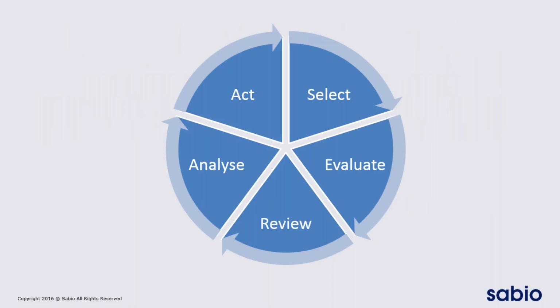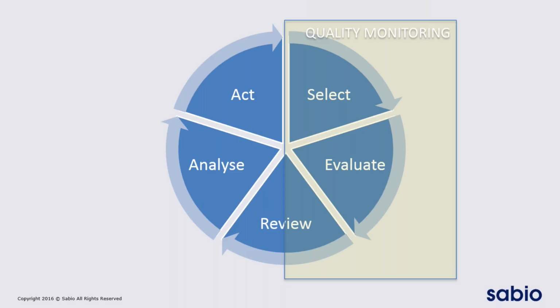Most organizations will perform these activities, selection, evaluation, and reviewing, using processes such as quality monitoring. It's a traditional way of monitoring or evaluating your employee performance, normally in relation to an interaction or call, and it can take the form of a formal review process where you're sitting down side by side with an employee, or it may be a remote process where you're performing quality monitoring offline, remote from the employee.